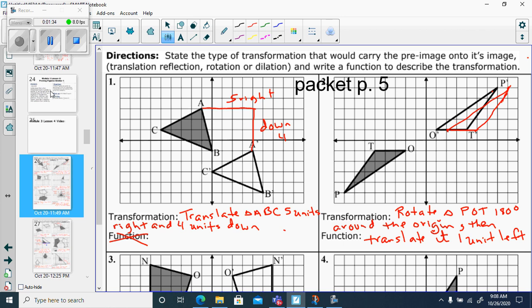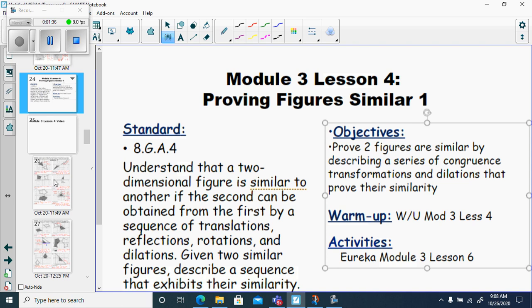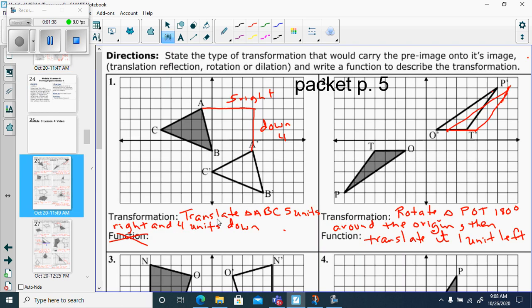Go down to Module 3, Lesson 4, and it'd be the second page underneath it. Those who have a paper packet, it's on page 5.